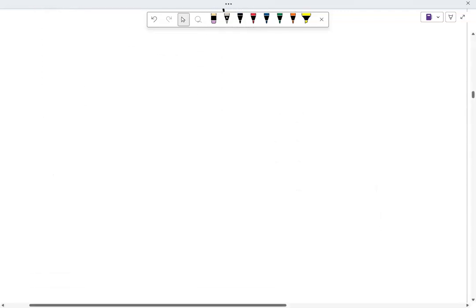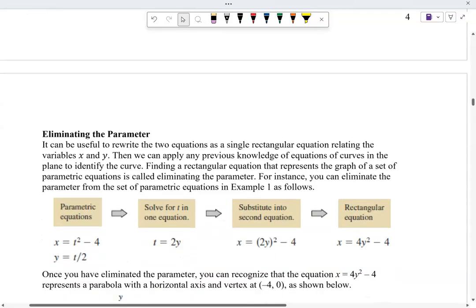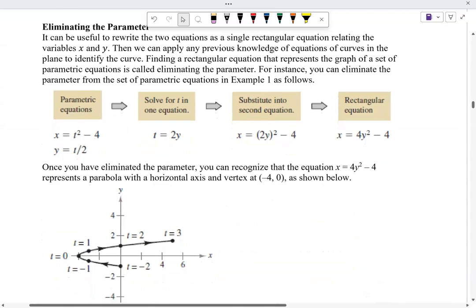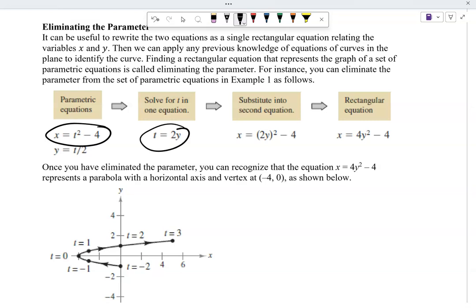Well, we can also do what's called eliminating the parameter, so we can put it into a rectangular equation form. And so what you do, like our first one, we had x equals t squared over -4 and y equals t over 2. You can solve for one of the variables in terms of t and then just substitute it in, and then you'll be left with x's and y's at the end.